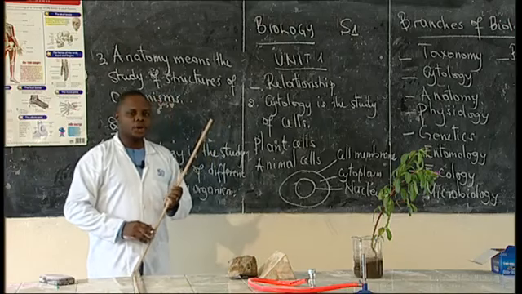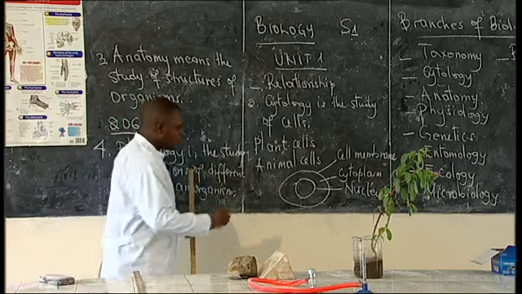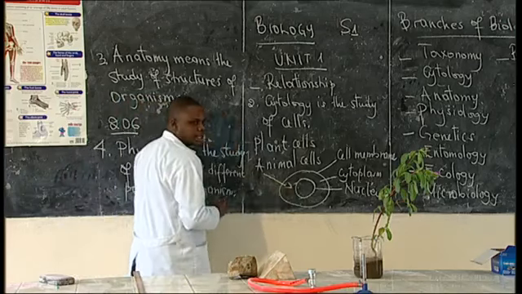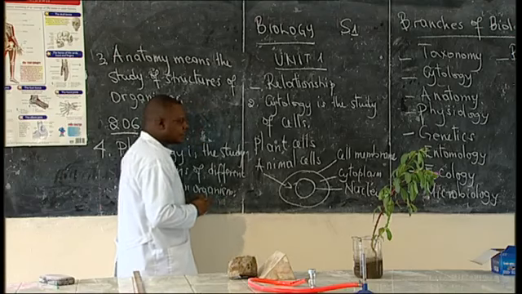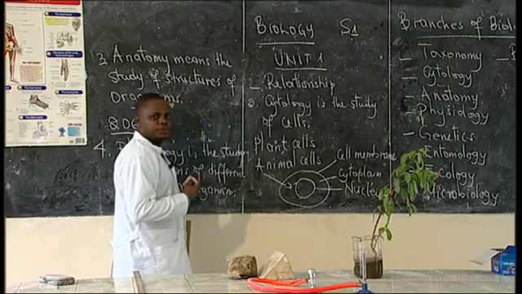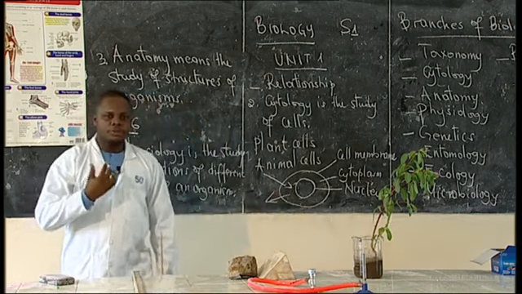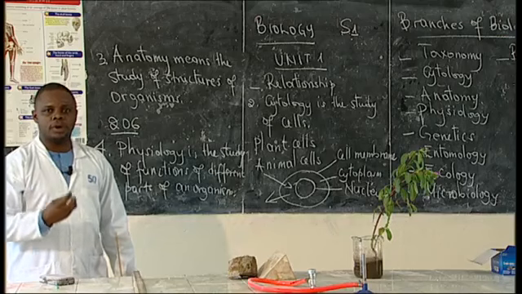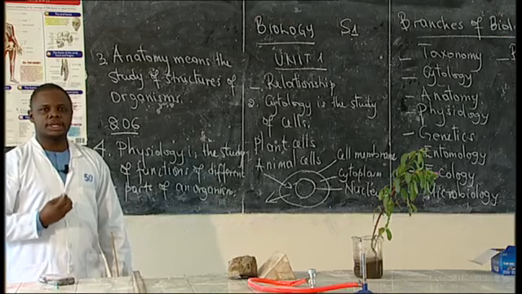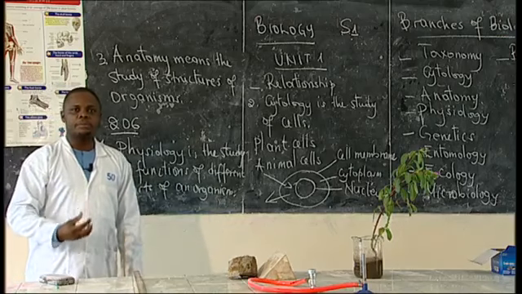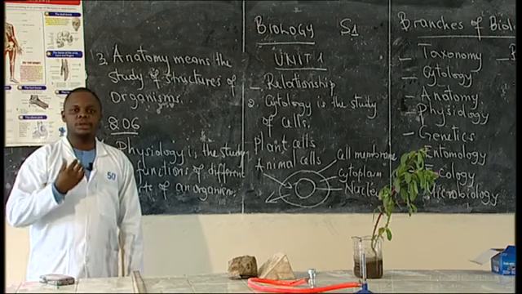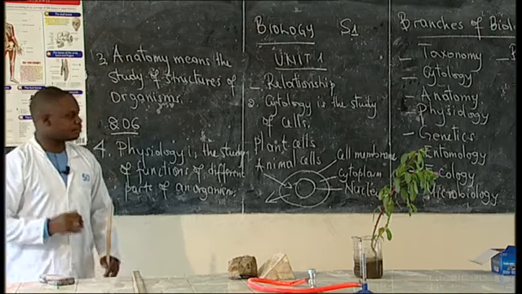It also allows materials to go inside the cell, those which are useful, and the ones which are not useful, they go outside. So with physiology, we talk about functions of different parts. With anatomy, we talk about structures of different organisms.